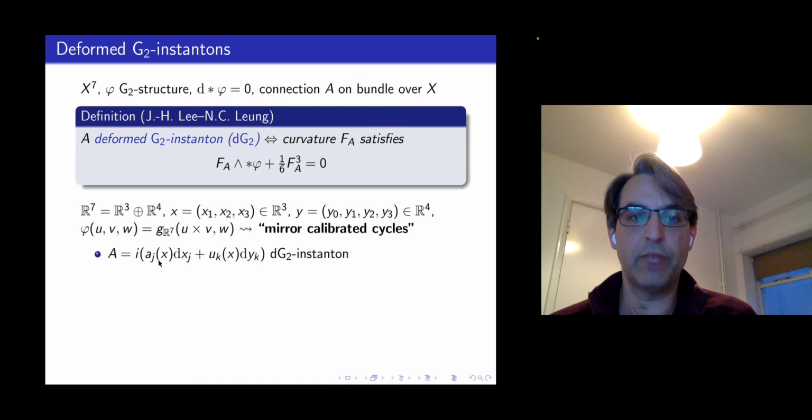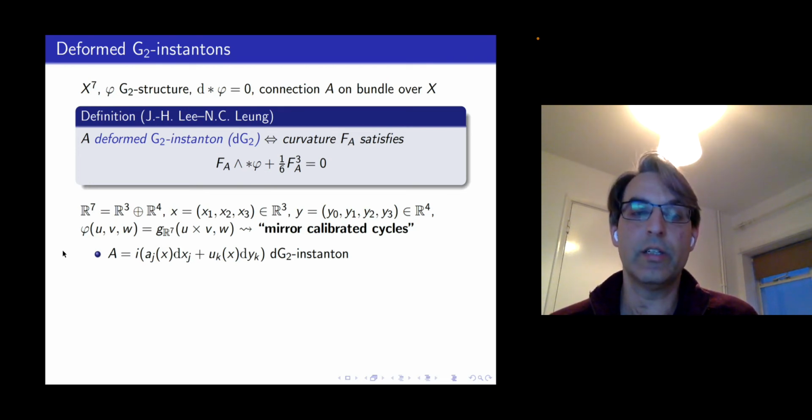And it's not general in this case because you see the coefficients of the 1 form only depend on x. So suppose I have a DG2 instanton where the coefficients here only depend on x. And here I'm using summation notation, so the repeated j's get summed over, the repeated k's get summed over.